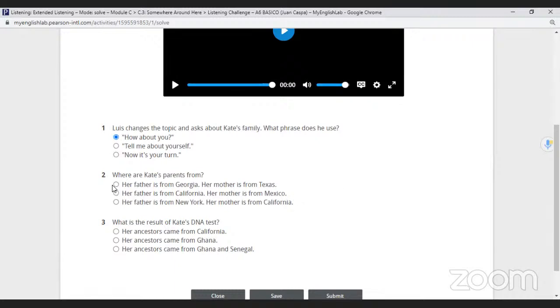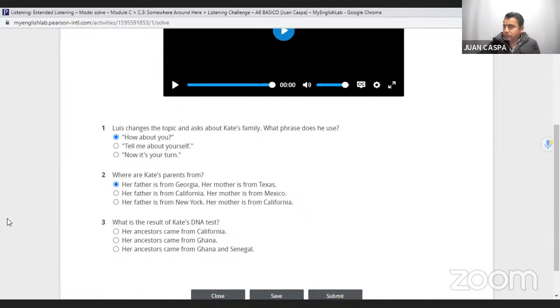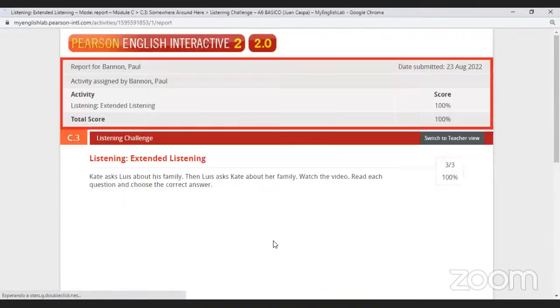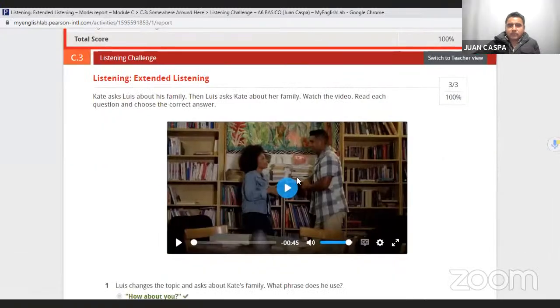Her mother is from Texas. Okay. 3. Her ancestors came from Ghana and Senegal. Very good. The ancestors, right? Ancestors. Okay, good.